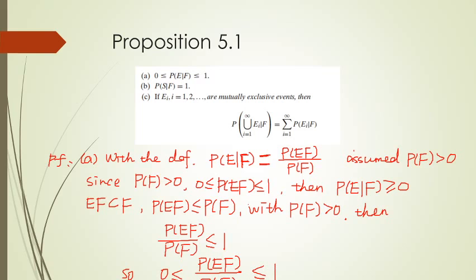And what does this fraction mean? This is the conditional probability of event E given F. So we proved part A. Denote, proof is done. So that is part 1.